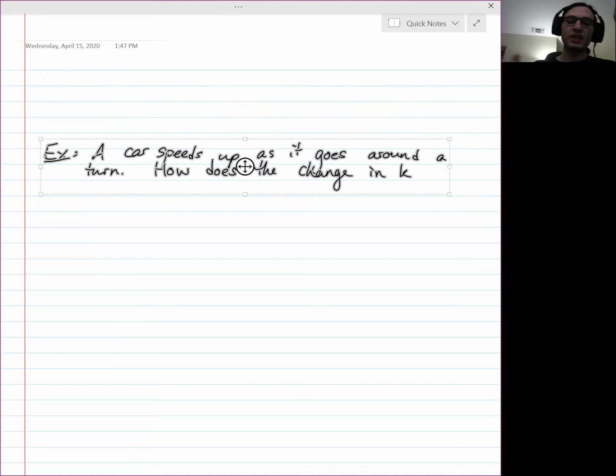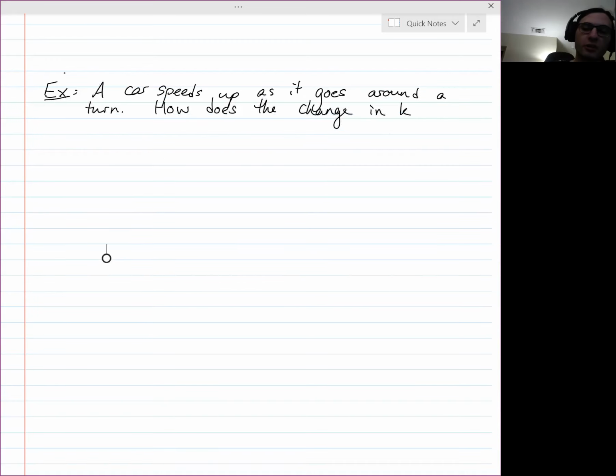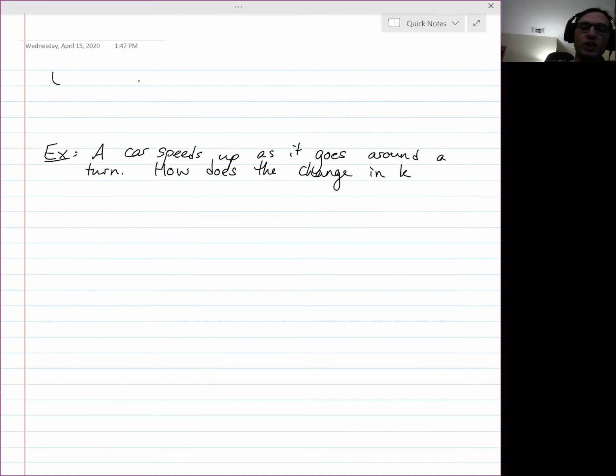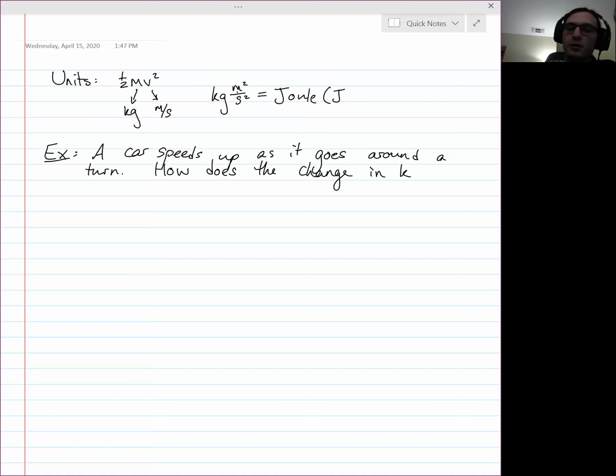The units of kinetic energy can be found pretty easily. Let's just look at 1/2 mv squared. That's what kinetic energy is for some velocity. Mass has units of kilograms. Velocity has units of meters per second. So the units of kinetic energy are kilograms meters squared per second squared, which is also known as a joule, named after a guy.